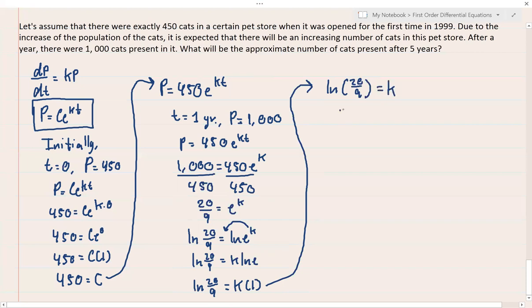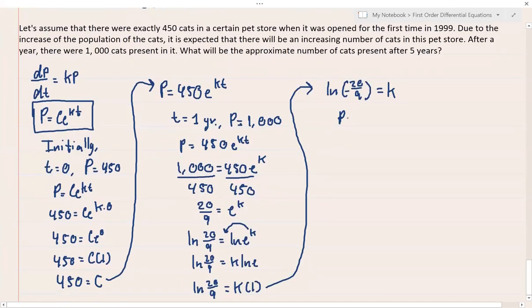So, therefore, sa formula natin kanina, 450 e raised to k magiging ln of 20 all over 9 times T. Okay? So, una, okay, pwede ko pa tong i-simplify.